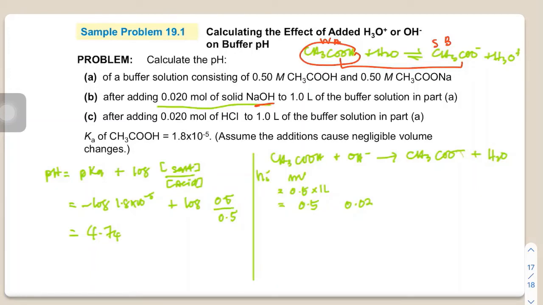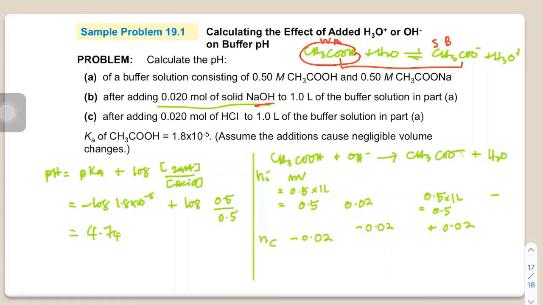Acetate ion that comes from our sodium acetate is 0.5 multiplied by 1 liter, which is equal to 0.5 mole. H2O is a dash. Then the mole change is minus 0.02, minus 0.02, plus 0.02.